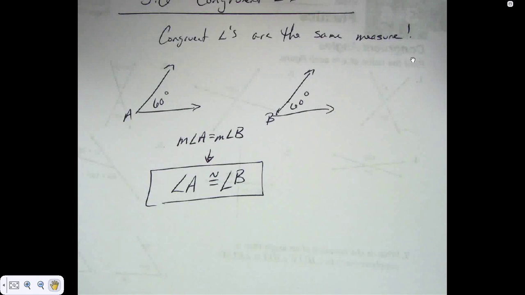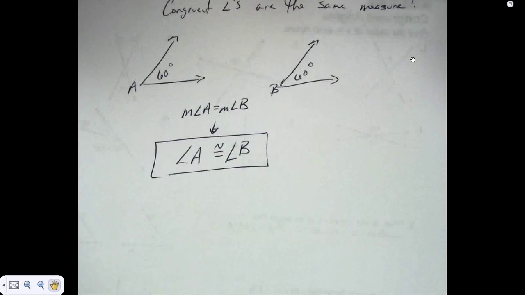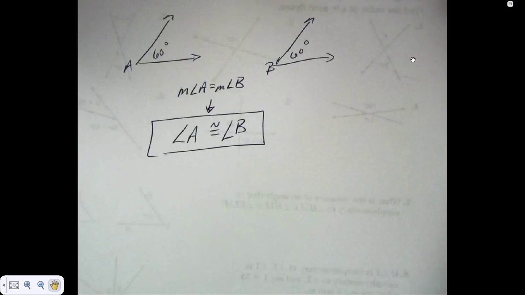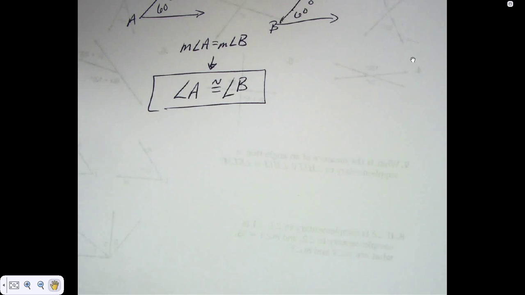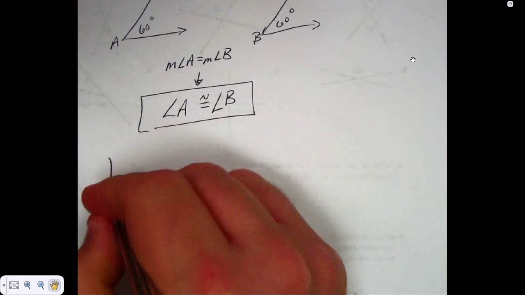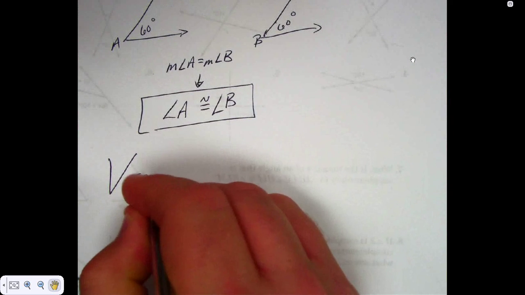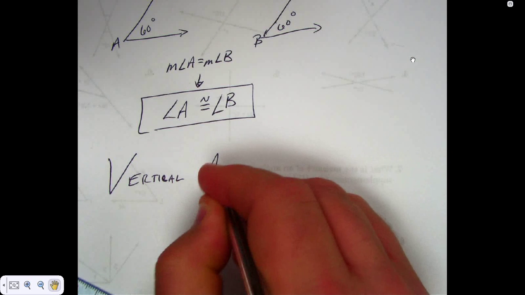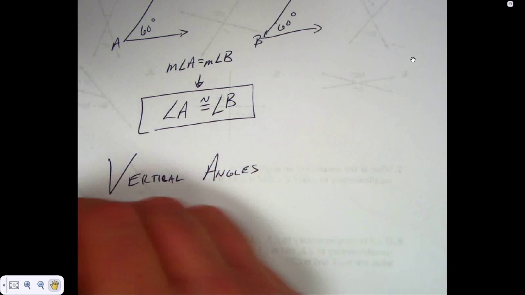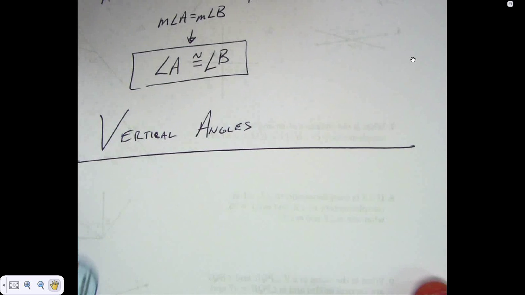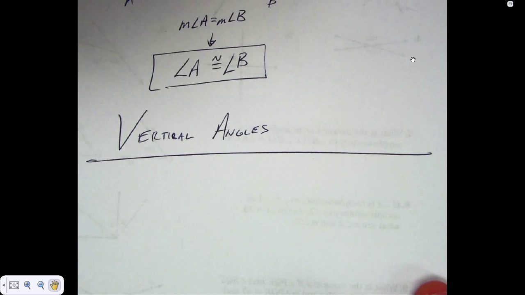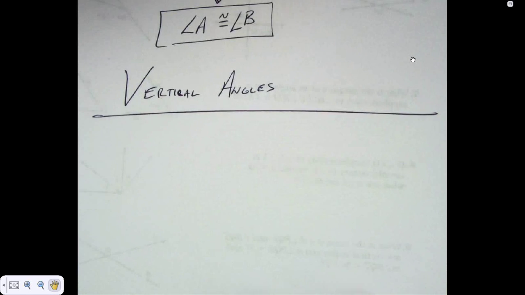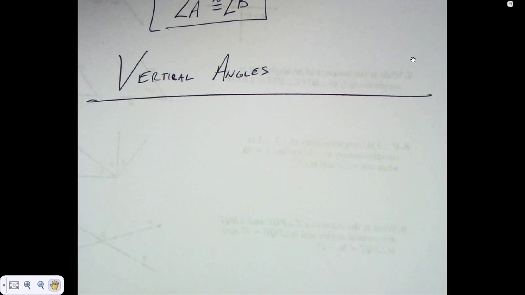Probably the most important thing, other than being able to recognize congruent angles in this section, is this right here. Guys, you'll deal with this over and over again. Remember I made a big deal of a linear pair?